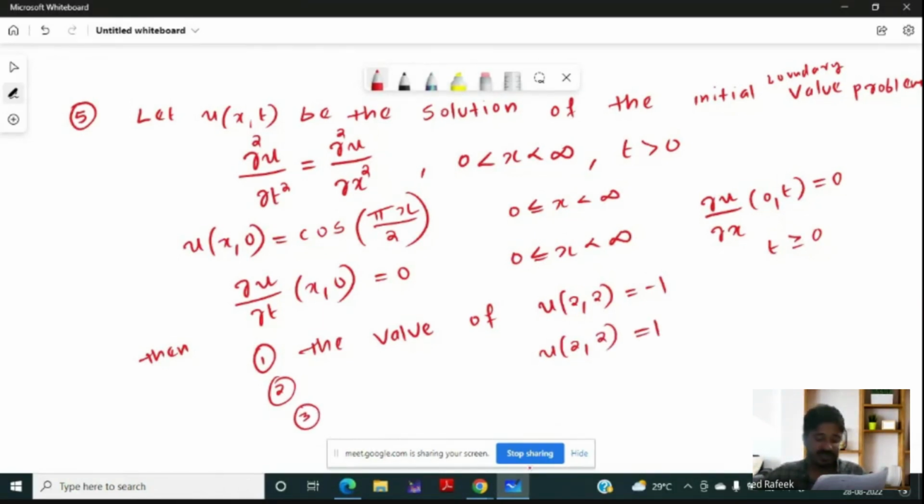Option 3, the value of u of 1 by 2 comma 1 by 2 is equal to 1 by root 2. And similarly, the value of u of 1 by 2 is equal to 1 by 2.